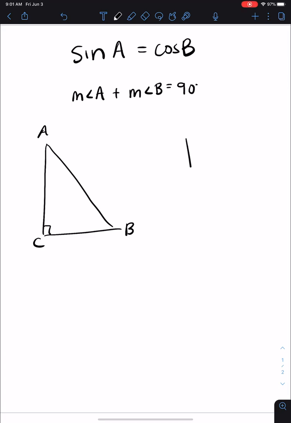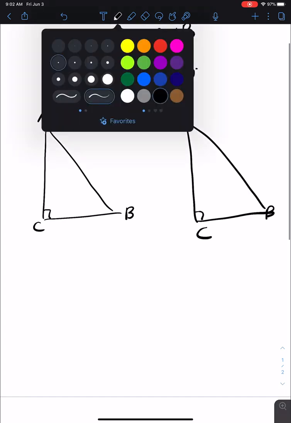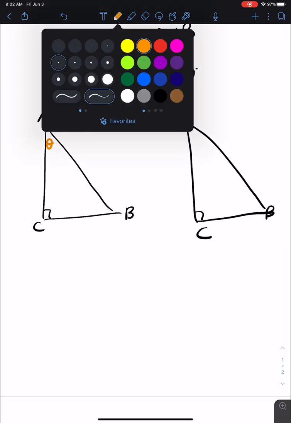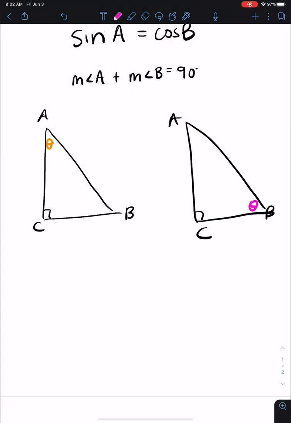I'm going to draw it twice for us. In one scenario, I'm going to put theta, the angle we're talking about, at angle A. And in the next scenario, I'm going to put our angle theta at B.